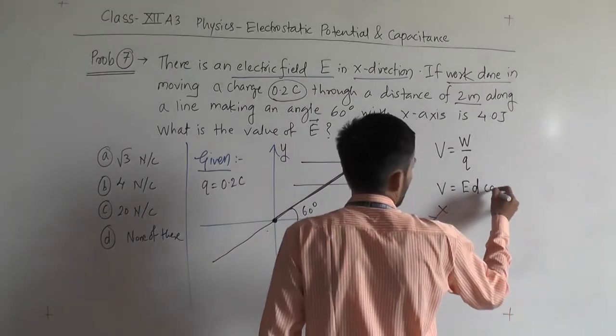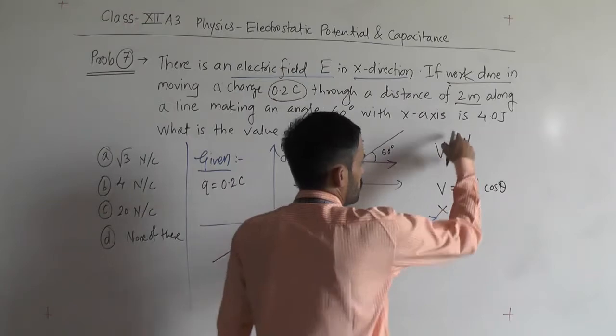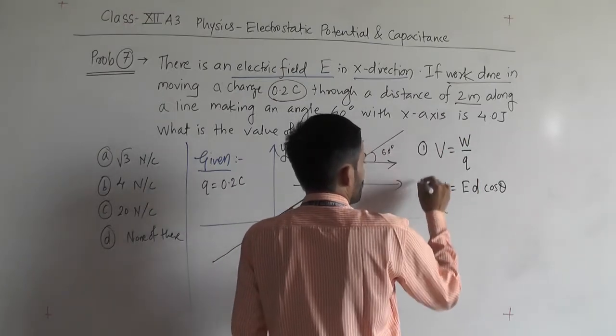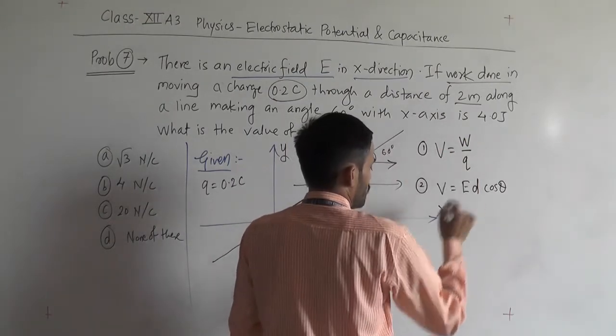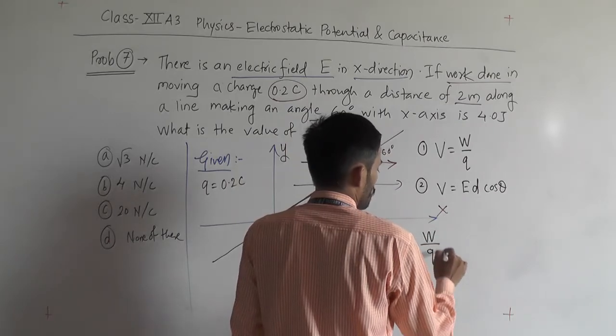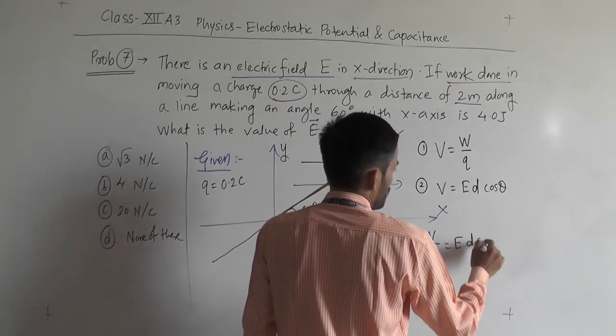ED cos थीटा आएगा और W upon Q. तो ये पहला फॉर्मूला, this is second formula. Then equate them. W upon Q is equal to ED cos थीटा.